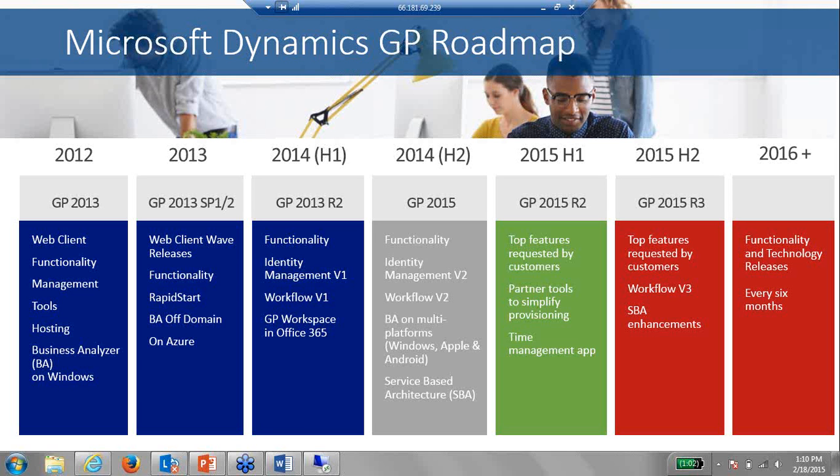One last thing that I wanted to make sure that we talked about also with the Business Analyzer is that with the release of GP 2015, you now have the ability to access that information not just via Windows, but also via Apple and Android environments.